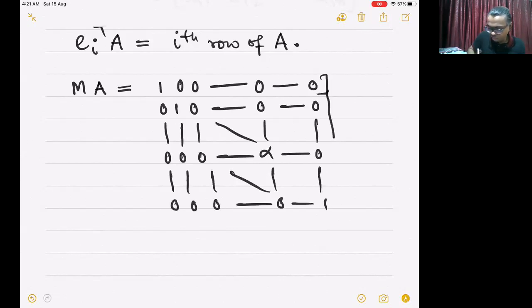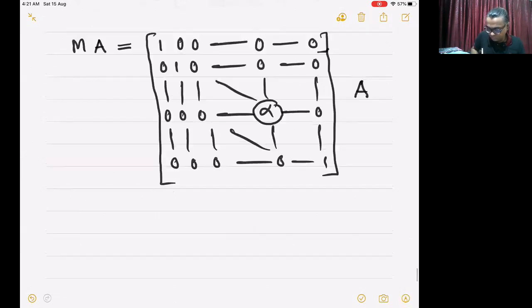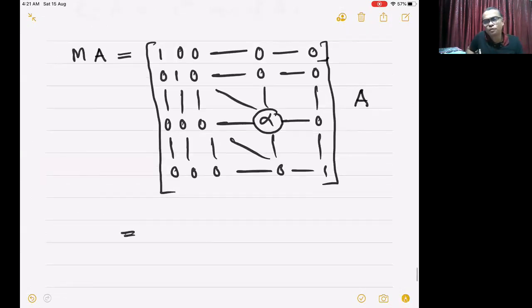So this is almost like an identity matrix, but at the ith position, instead of 1, I have an alpha. And this one multiplies A, the result of the product will be: the first row of the product will be the first row of A, then the second row of A, and so on. Only at the ith row level, the ith row will get multiplied by alpha.